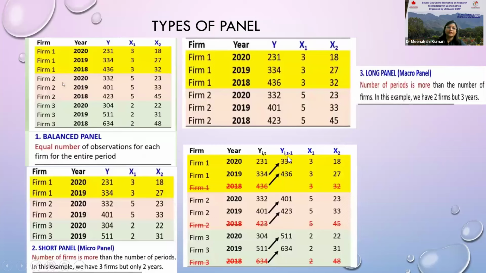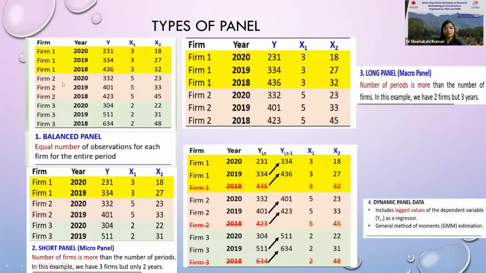But in your model, if Yi,t minus 1, that is one lag before, is also your independent variable, then this model is called a dynamic panel data model, because it involves lag values of the dependent variable. Right? See, the value from 2019, 334, is the value for 2020 for Yit minus 1, and so on. So this is a lag values variable, right?